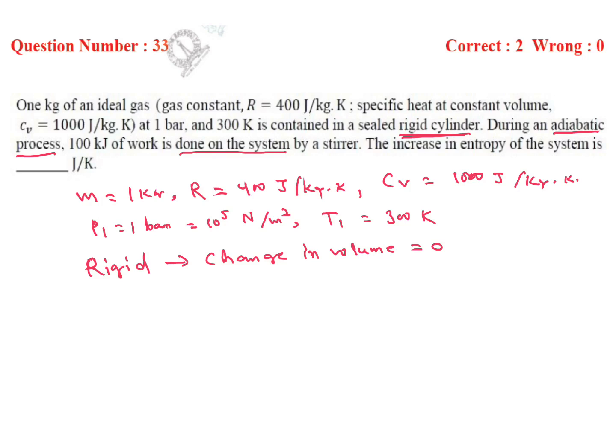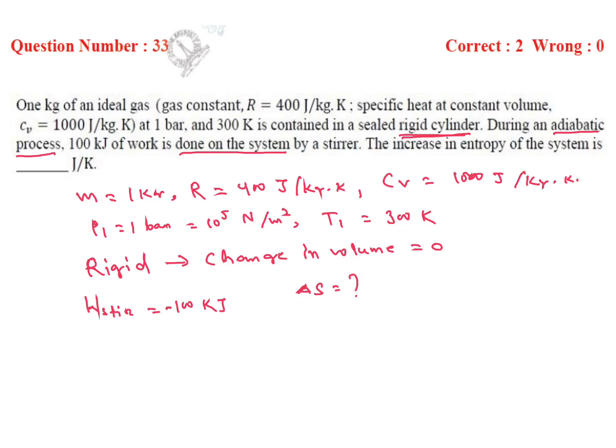Work done on the system, W stirring, is 100, so it's minus 100 kilojoule. Increase in entropy, delta S, we have to calculate.